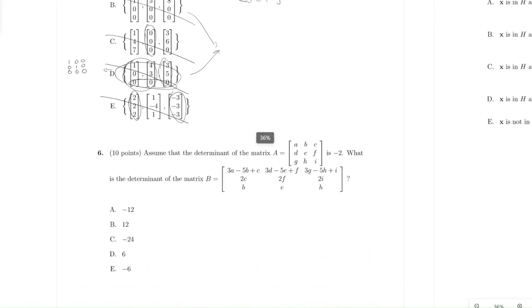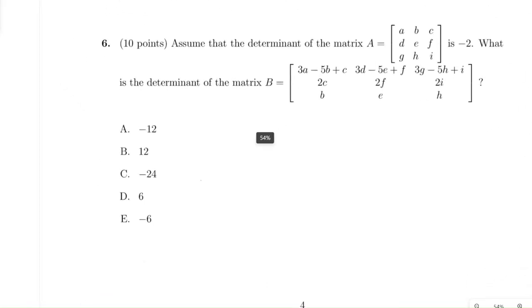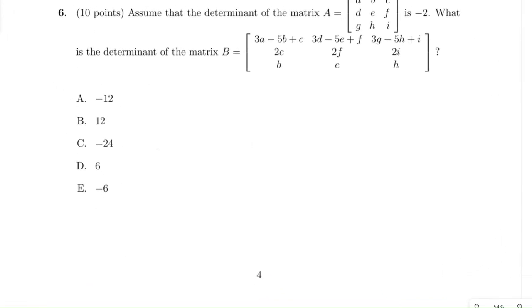So that's for 5. And for 6, we can use some determinant properties. First of all, we know that if we add non-zero scalar multiples of one row to another row, then the determinant is the same. Because of that, we can neglect these terms because we're just adding scalar multiples of rows.